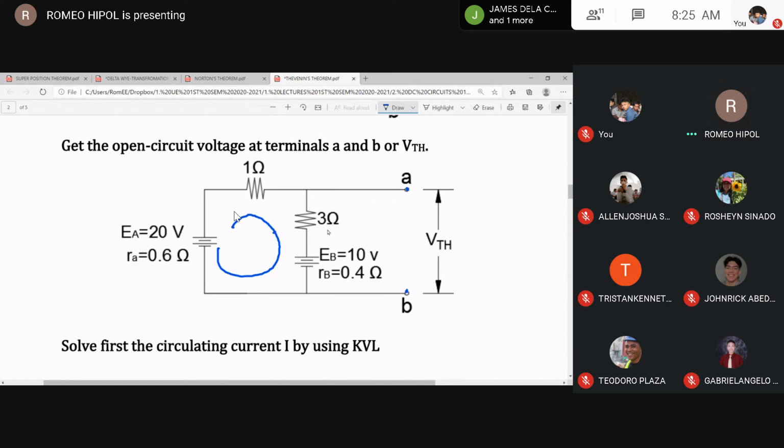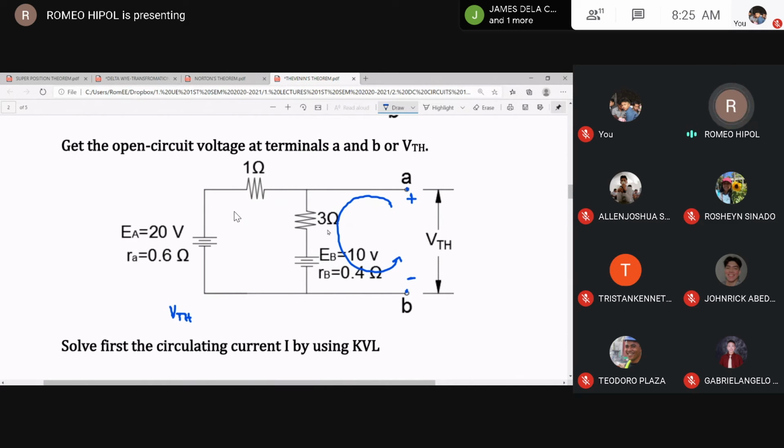Calculate the circulating current. Kasi kung mapapansin nyo, di ba kung nag-KVL tayo, iset natin ito for example, positive, okay, positive and negative. Di ba? KVL tayo rito. So we have positive Thevenin's voltage.